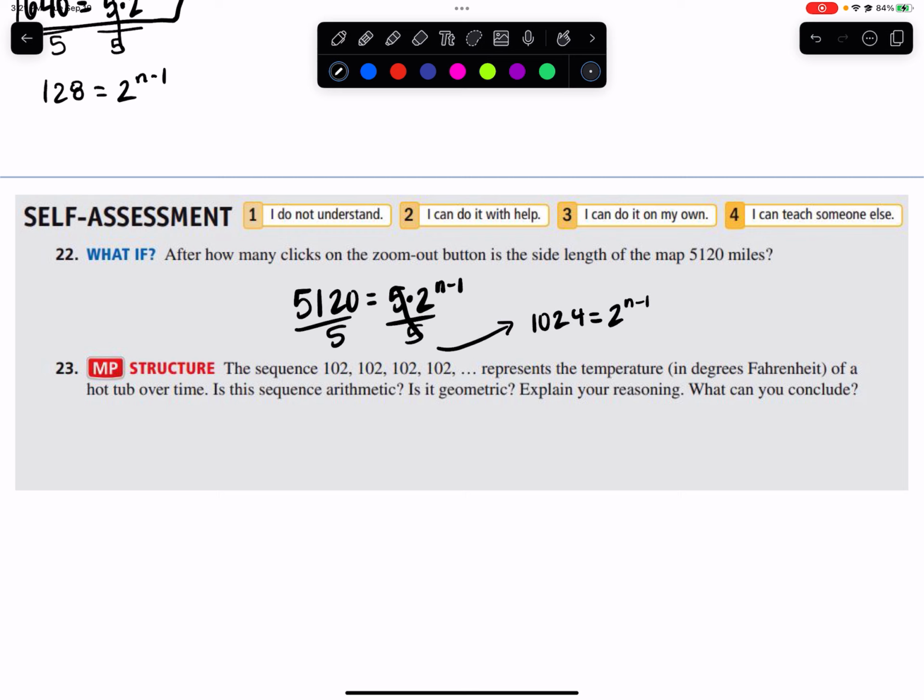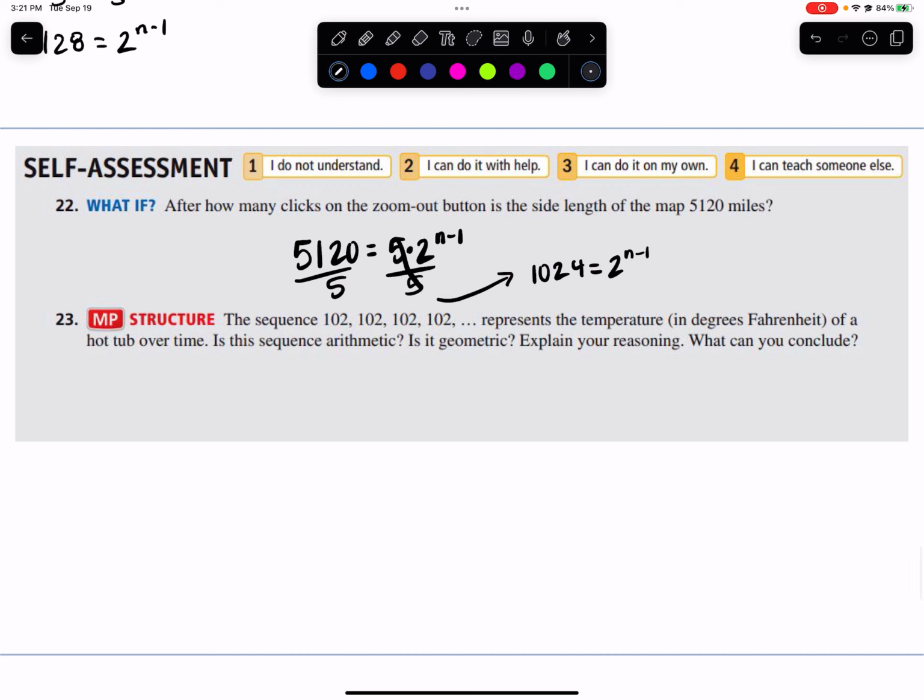All right, number 23. The sequence 102, 102, 102, 102 represents the temperature in degrees Fahrenheit of a hot tub over time. Is this sequence arithmetic? Is it geometric? Explain your reasoning. What can you conclude? Arithmetic. Am I adding the same thing every time? Yes. I'm adding 0 every time. Geometric.